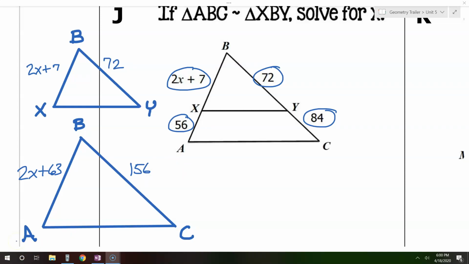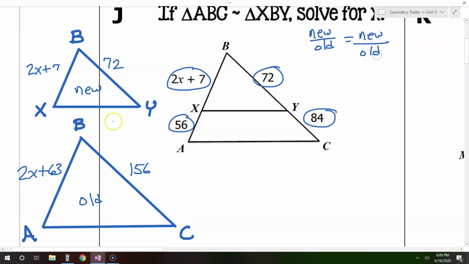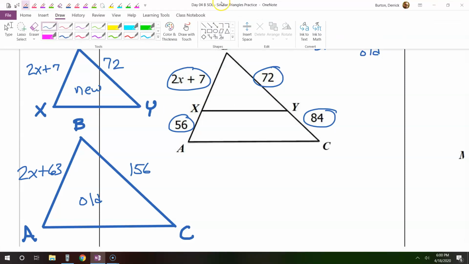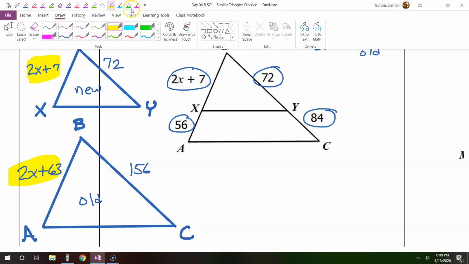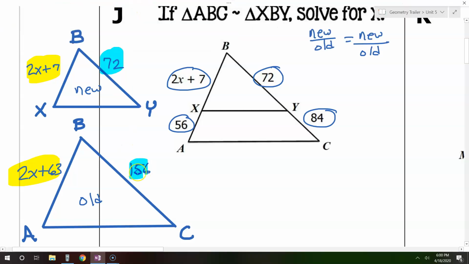Now you want to pick one of these triangles to be new. It doesn't matter which, and you're going to pick the other one to be old. So make sure when you set up your equation, you do new over old equals new over old. Okay, now, of course, these are corresponding sides, and these are corresponding sides.